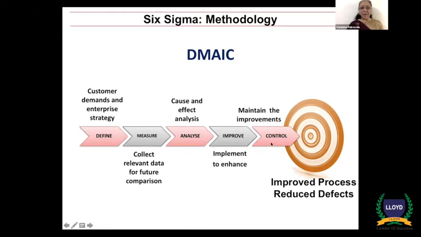So one, in industry as well as now we researchers should look at what are the customer demands, what are the market demands, then look at what data you have in literature, collect that data and keep it for future comparison purposes. Do cause and effect analysis and then see whether you can implement certain techniques so as to enhance in such a way that you hit the target.